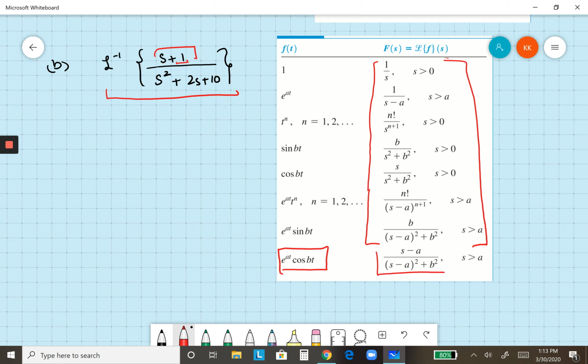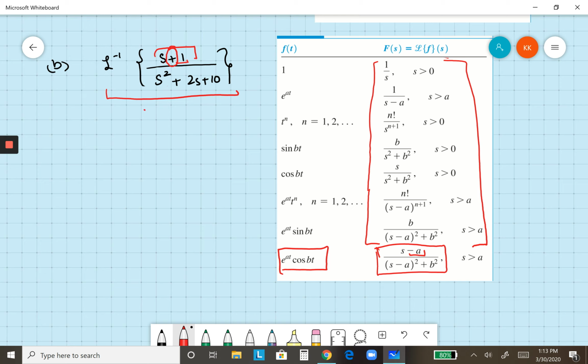So we know that it has to be s minus a over s minus a whole squared plus b squared. So we have to go backwards from here. So it is s minus a. So we know that here instead of plus, we have to convert it into negative.